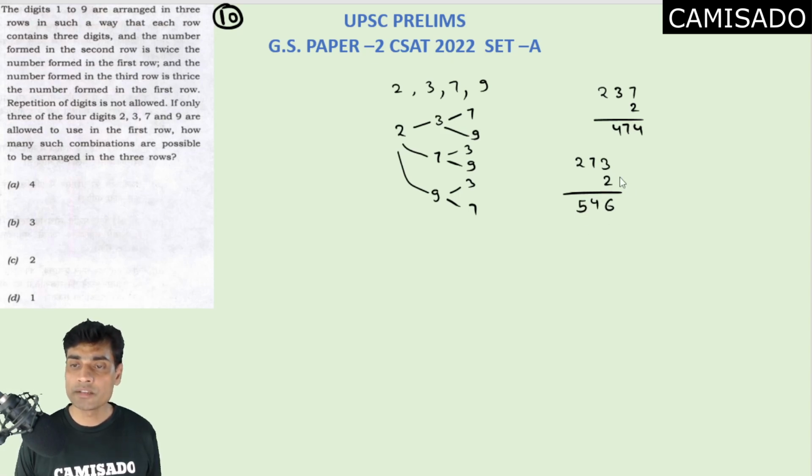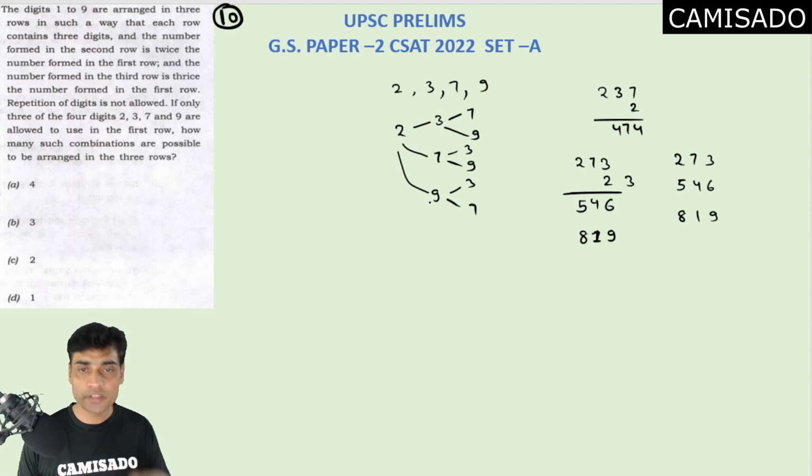Again when we multiply 273 by 3, you will get 9, then 3 times 21, and 7 8. So the numbers are 273, then 546, 819. All the digits are different, no digit is repeating, therefore one number is 273.